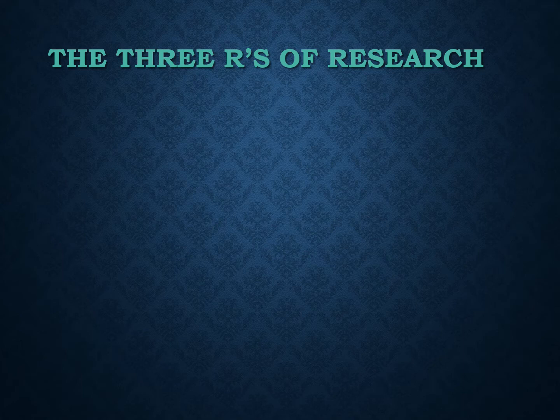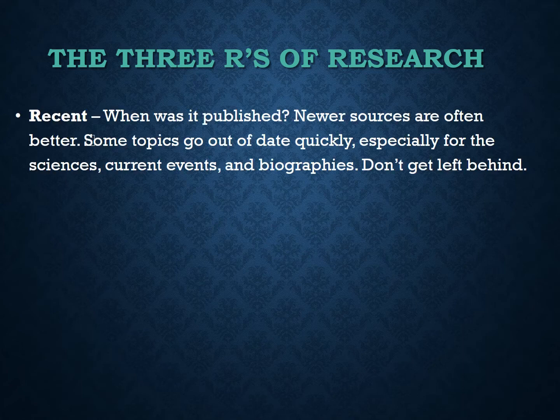The 3 R's of research is a strategy that I like to use to help people think about their information. It's just 3 words that you can memorize and help you figure out what would maybe be a good source, maybe not be a good source, and just give you something a little more to think about.